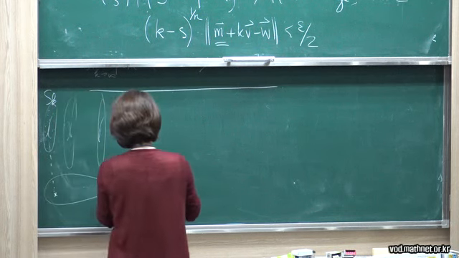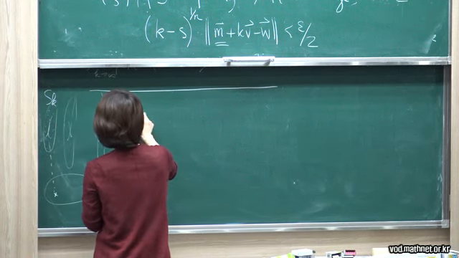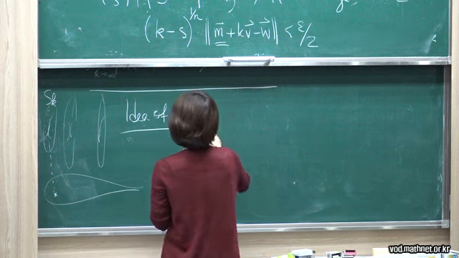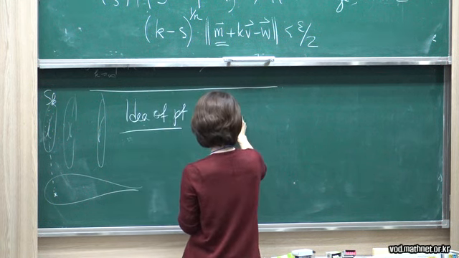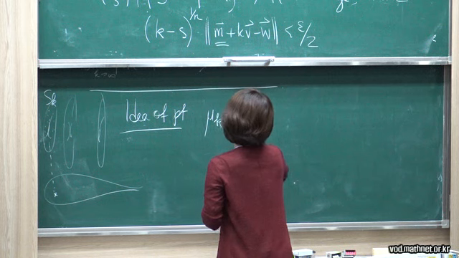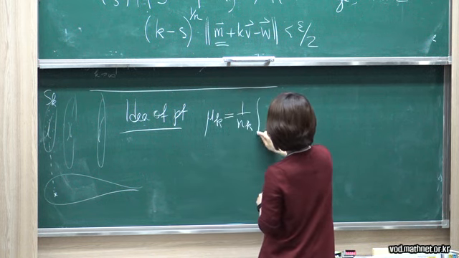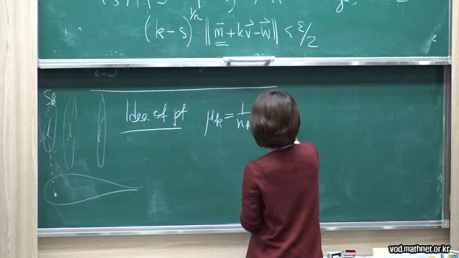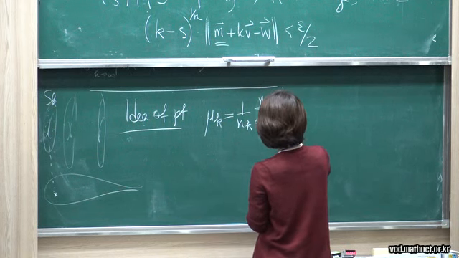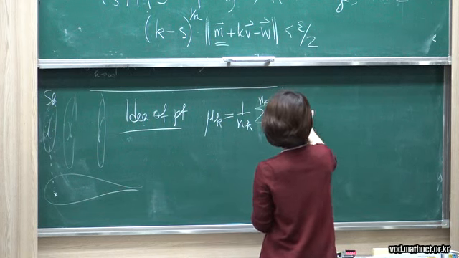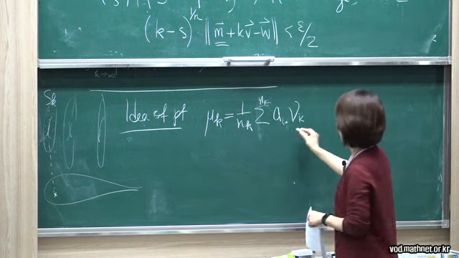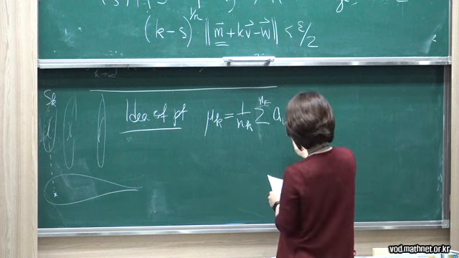So let me write it down. So the idea of the proof is that you can construct some mu k, which is for certain nk, some uniform measure, orbit of some uniform measure.